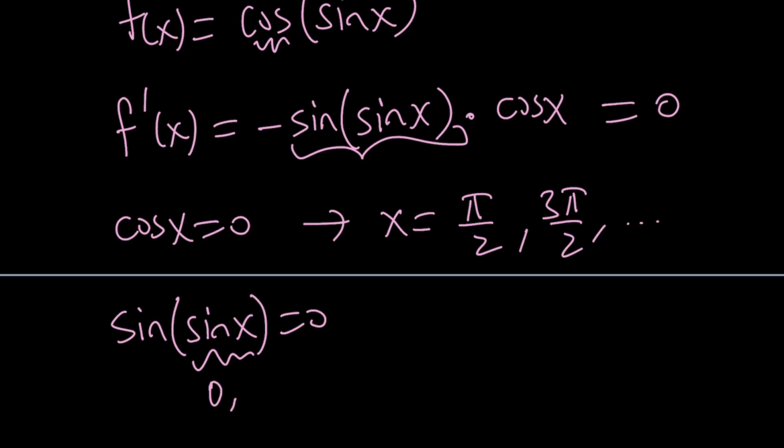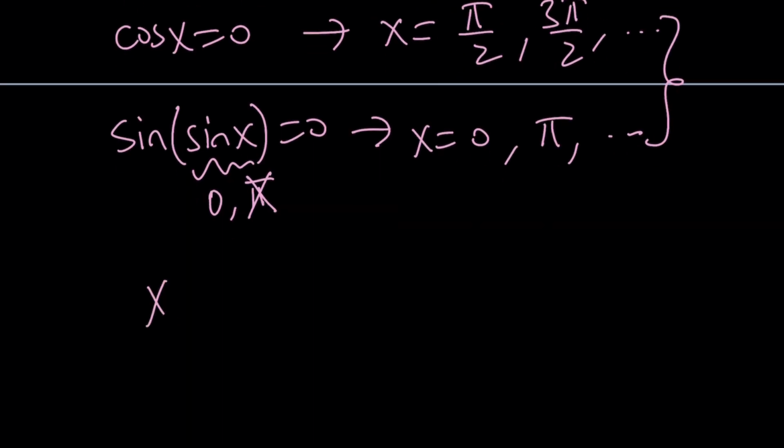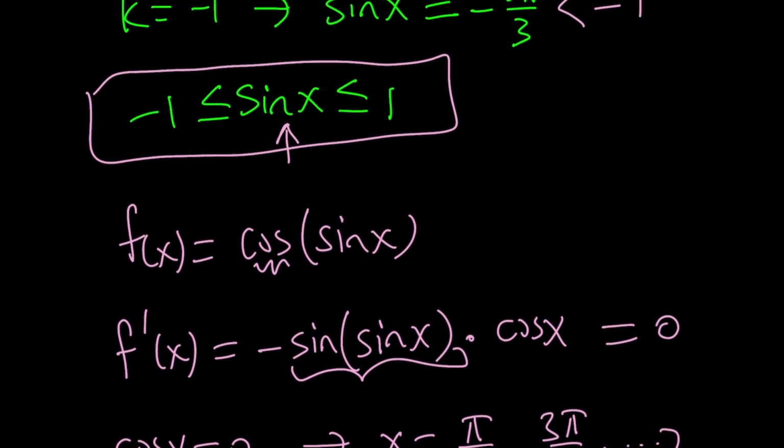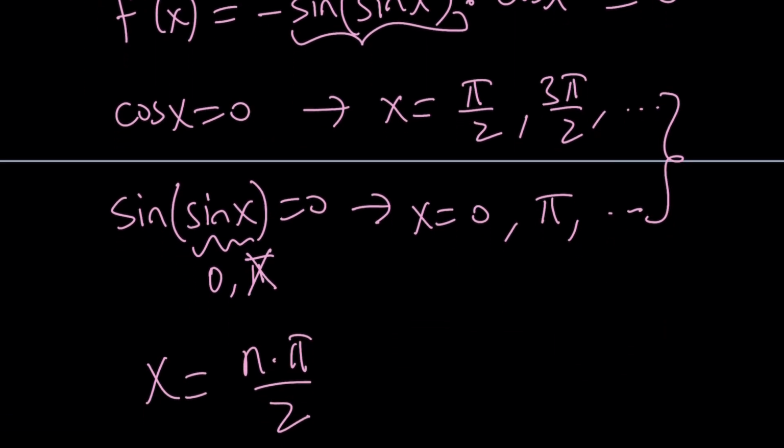Or pi, but sine x cannot be pi because pi is greater than 1, definitely. So we're only going to look at sine x equals 0, and that just indicates x equals 0, x equals pi, and so on and so forth. So we're basically hitting all multiples of pi over 2. So you can safely say that this is the same thing as n times pi over 2. So if x is one of those, then we're going to have a critical point, which is a maximum and a minimum. When I show you the graph, you'll have a better idea.